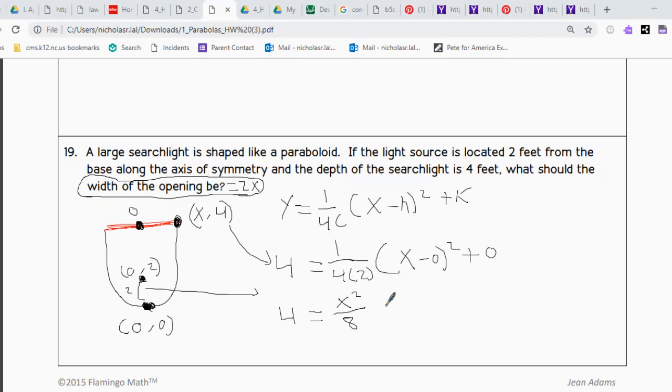Multiply each side by 8, and we get 32 is equal to x squared, which means that x is equal to the square root of 32. The square root of 32 can be simplified: 32 is 16 times 2, the square root of 16 is 4, so x is equal to 4 root 2.